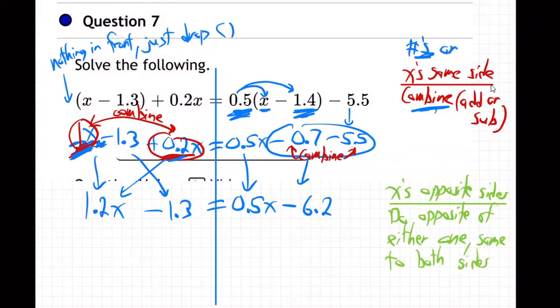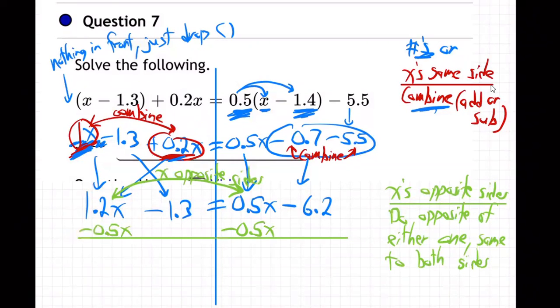Same to both sides. So I'm going to do the opposite. Because these x's right here are x on opposite sides, so I'm going to do negative 0.5x to both sides. Boom, boom.